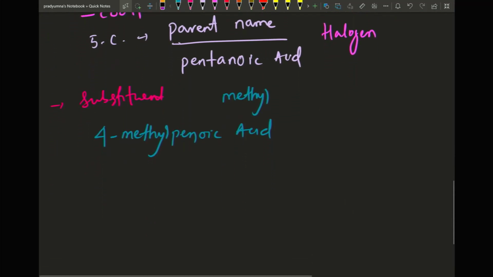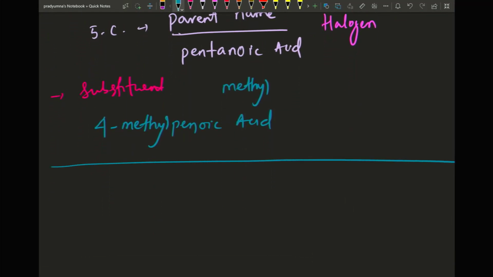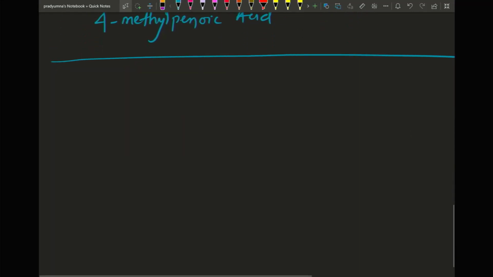Okay, let's do one last. So let's say we're going to do 1, 2, 3. This is a little bit harder one. First thing you want to find out is what the functional groups are.